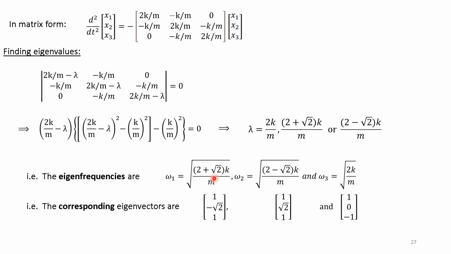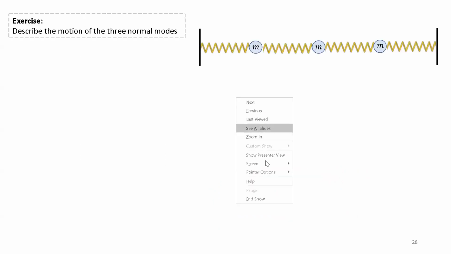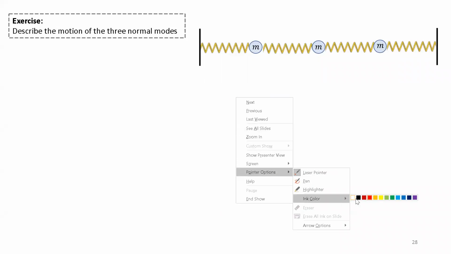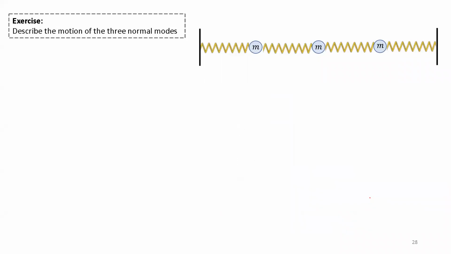Let's draw some pictures for them one by one. Let me start with the simple case, omega equals the square root of 2k divided by m. This is the eigenvector.